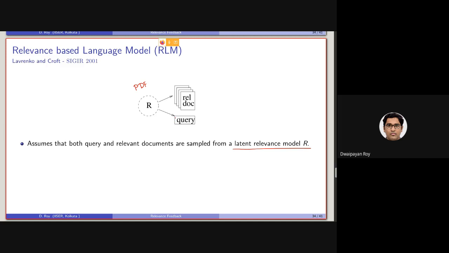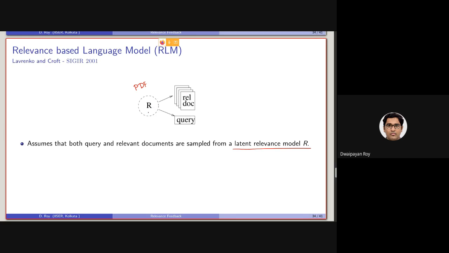So for every query submitted to a system, we can consider that there will be a latent relevance model from which the query has been generated and from which the relevant documents for this query can also be generated.